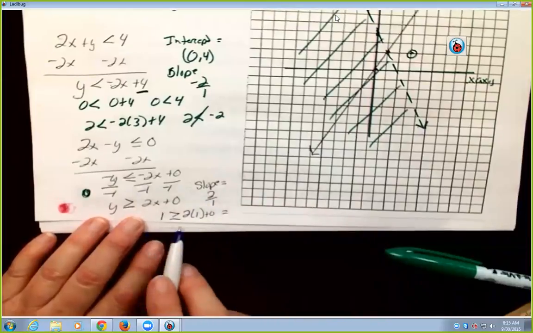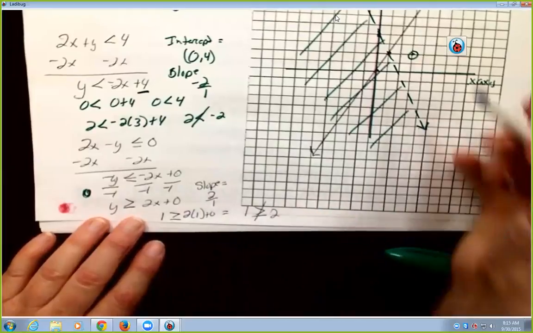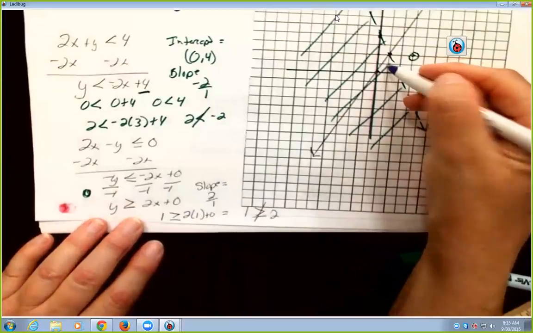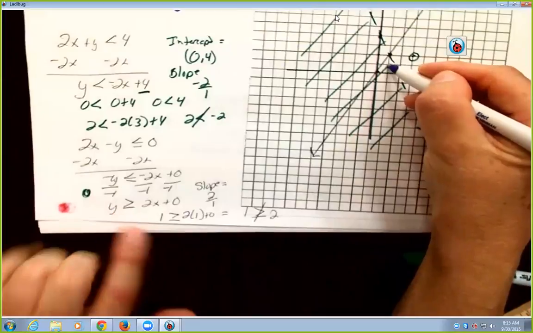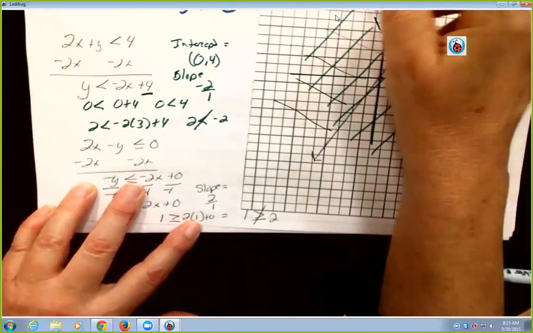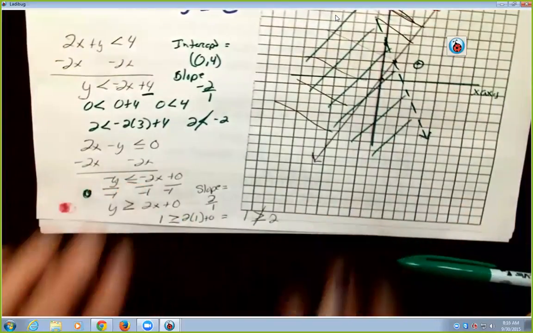And what do I find? 1 is not greater than 2, so I do not want to shade where 1, 1 is at. Okay, so I would not shade there. But also, because it was a greater than, it would have told me to shade above the line anyway. So if I shade above the line, I'm good to go.